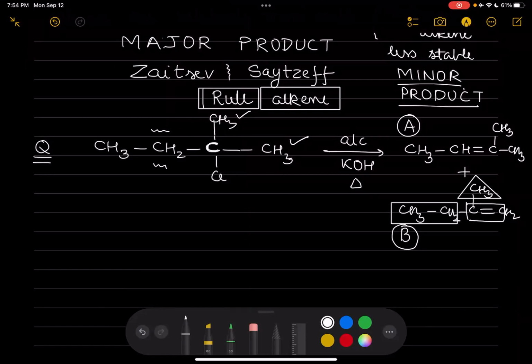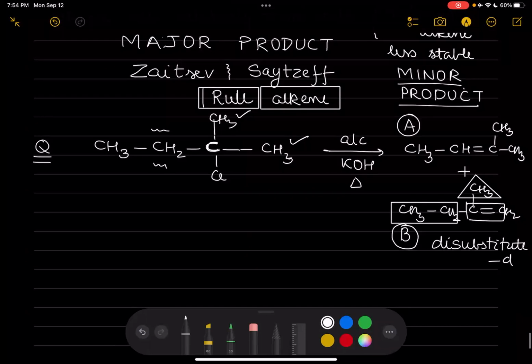Yes, sir. So the B alkene which I have made, is it mono-substituted, di-substituted, tri-substituted, or tetra-substituted? Sir, mono, di, tri, tetra. That is di-substituted because there are two alkyl groups. So it is a di-substituted alkene.